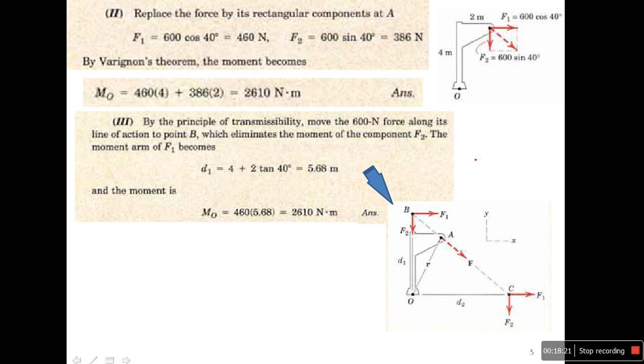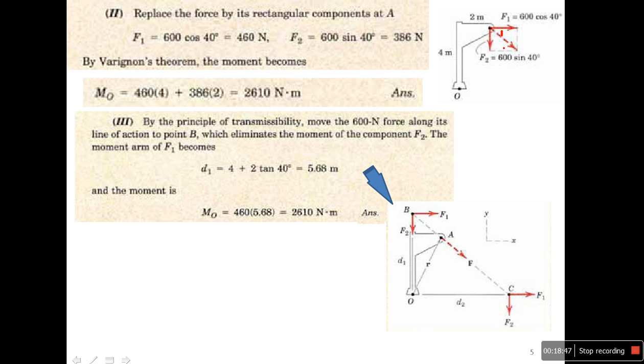Now the second way. This force 600 has two components, F1 and F2. F1, do not forget the angle here is equal to 40. F1 equals 600 cosine 40.